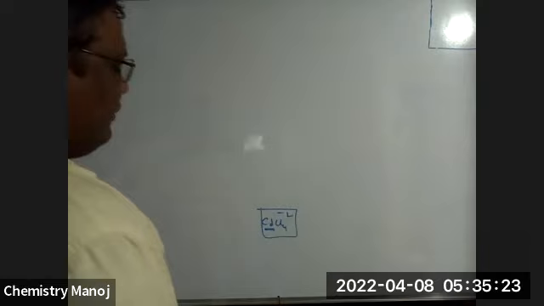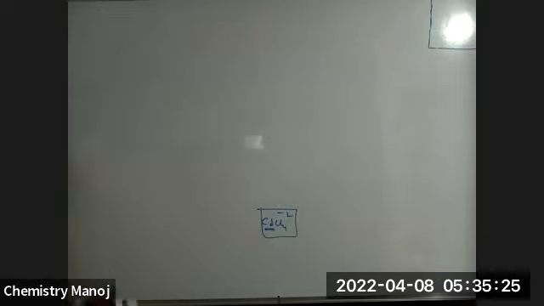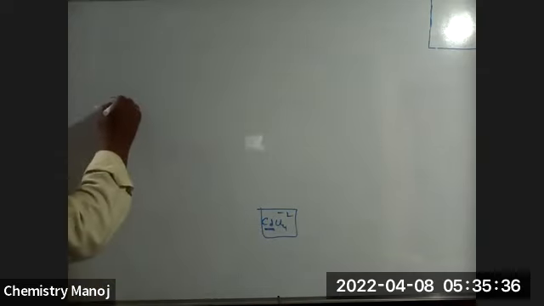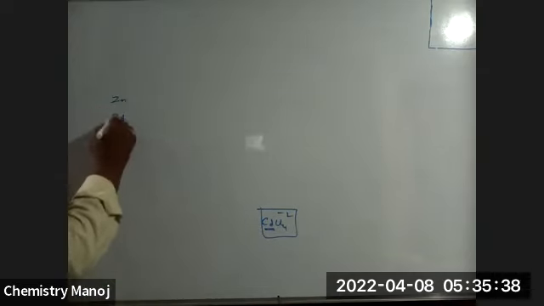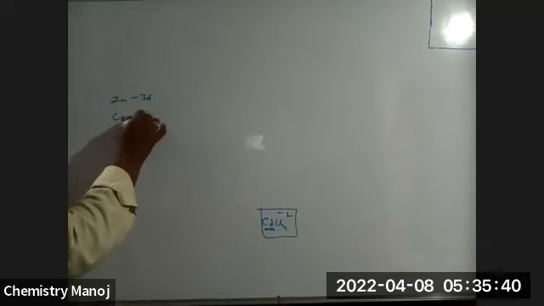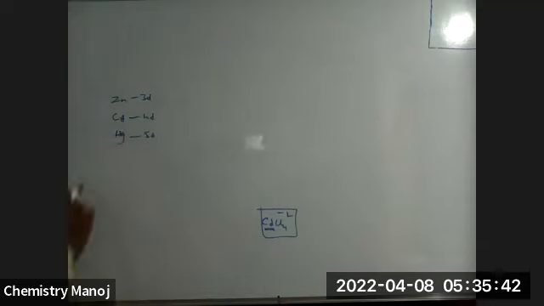What about Arya? Your voice is not there. DSP2, sir. So actually zinc, cadmium, mercury, we know, these are d10 elements. So I think it is sp3. 3d, it is 4d, it is 5d.